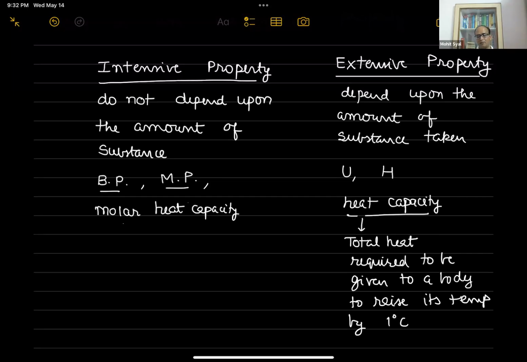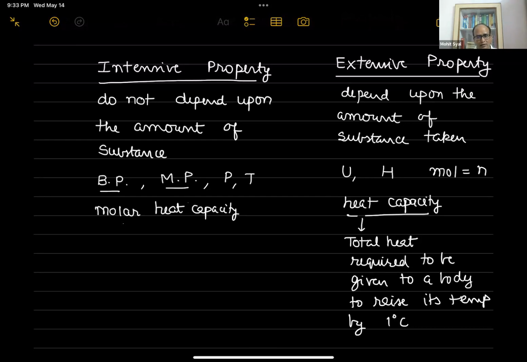Pressure and temperature are intensive properties. Mole is an extensive property. How many moles are taken depends upon the mass, given mass by molar mass.